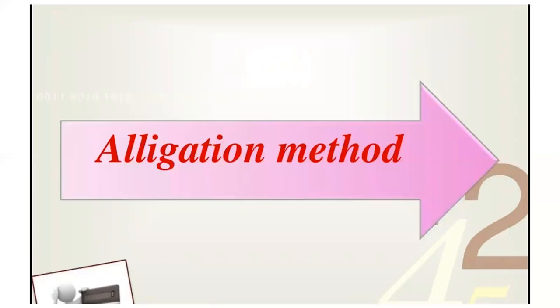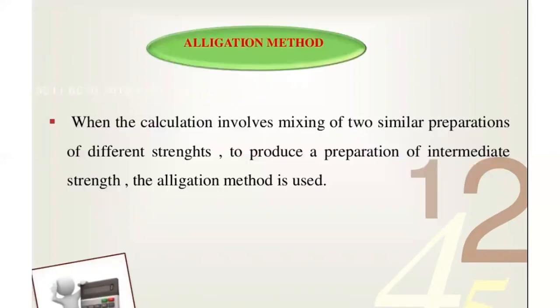Then another important calculation that is based on the allegation method. This allegation method is mainly involved when we have to mix two similar preparations of different strength. Preparations are the same, but their strengths are different. So this calculation is used to produce a preparation of intermediate strength.